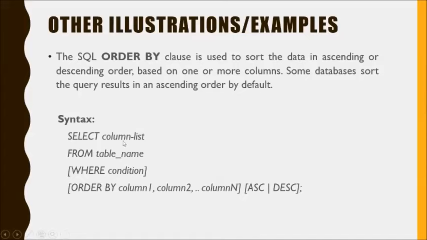Select column list from table name, where condition, order by column 1, column 2, up to column N. So we have ascending and descending here. And for the where condition, you can use some of the relational operators such as greater than or equal, less than or equal, or not equal.